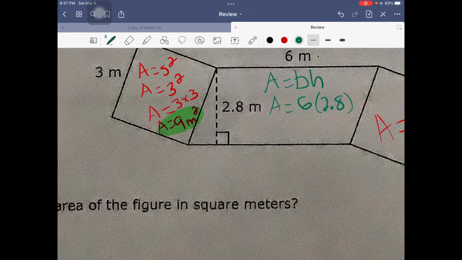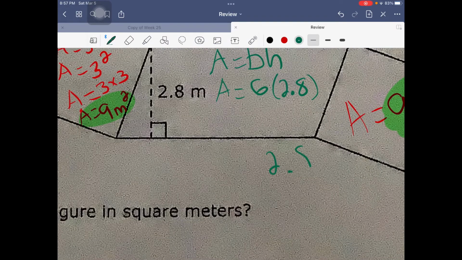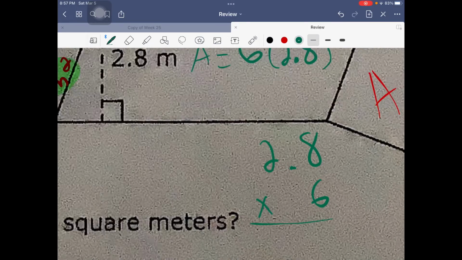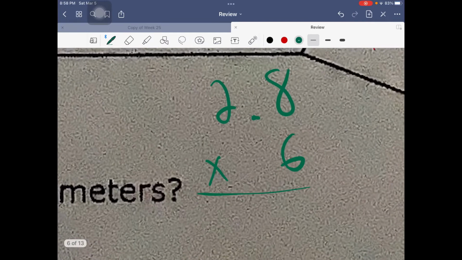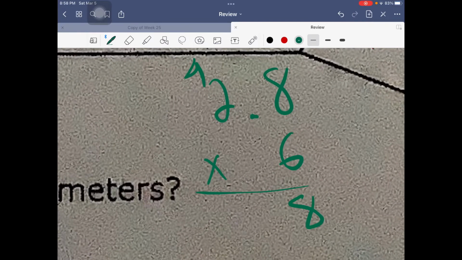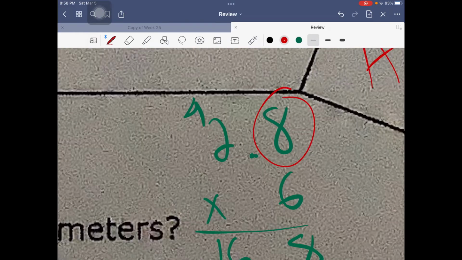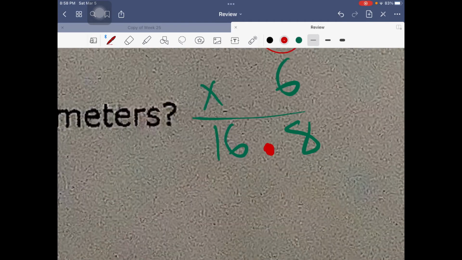Alright, if I multiply them, what's 8 times 6? 48. What's 2 times 6? 12, plus 4? 16. Is my answer 168? No. Why not? Because I have one decimal place. That means this is 16.8.